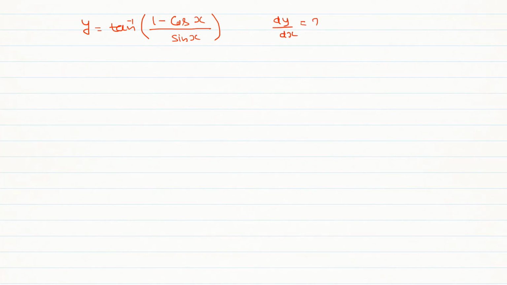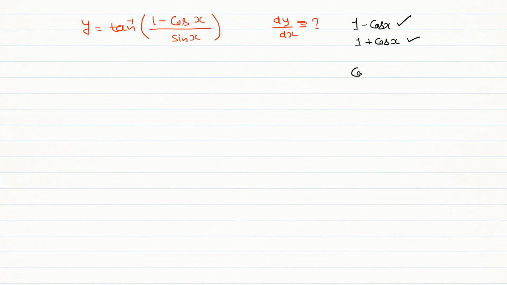Interestingly, if we see the numerator here, in the numerator we have 1 minus cos x. So this is a hint in calculus, especially whenever we have 1 minus cos x or 1 plus cos x, the hint is we should always try to substitute that value of cos x which will cancel this one.